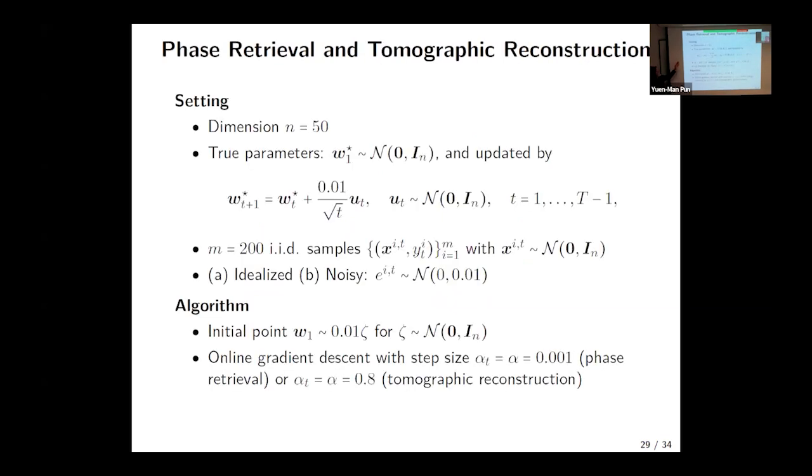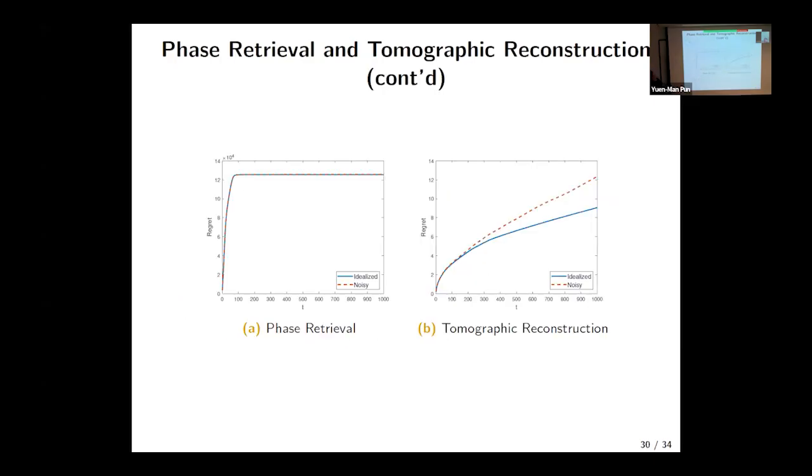And for the phase retrieval and tomographic reconstruction problem, again, we use a similar trajectory. And then we see that for the phase retrieval problem, similarly, after like 100 time steps, it stabilizes because the path variation is so small.